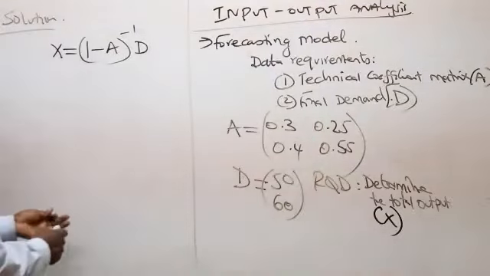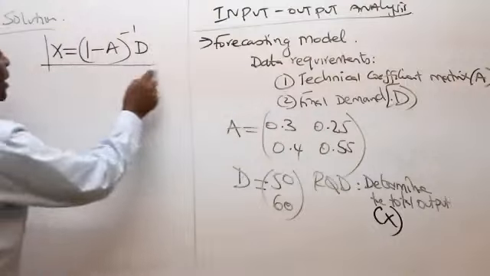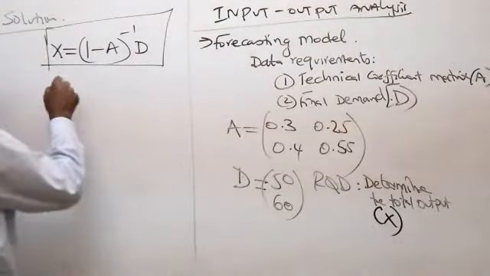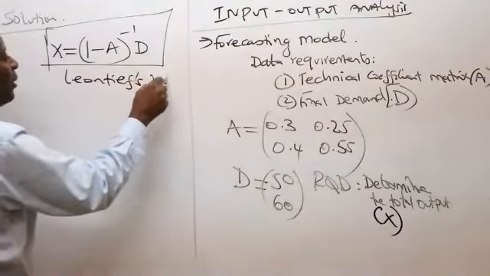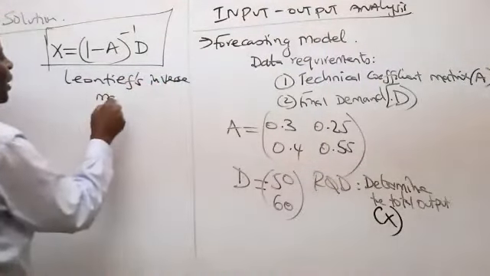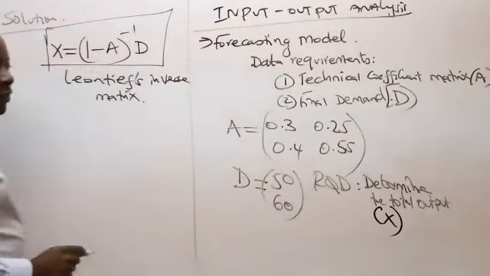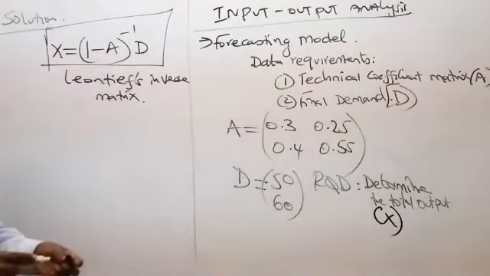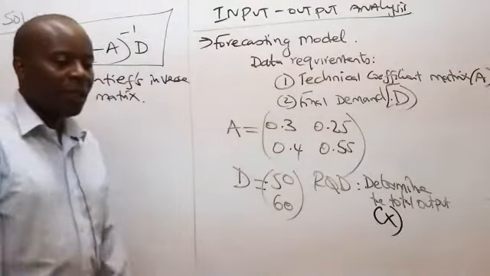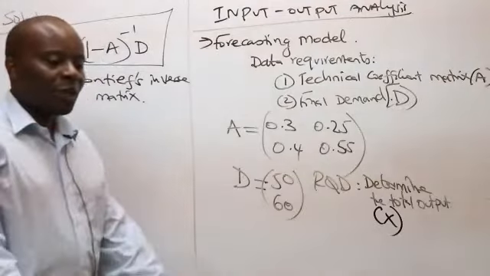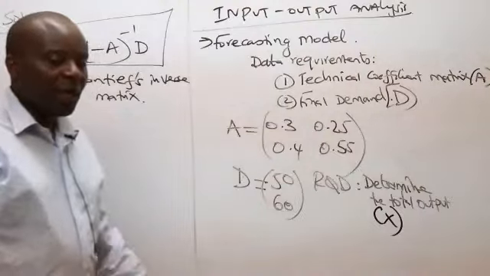Ladies and gentlemen, listen. This model has a special name in input-output. It is what we call the Leontief's inverse matrix.